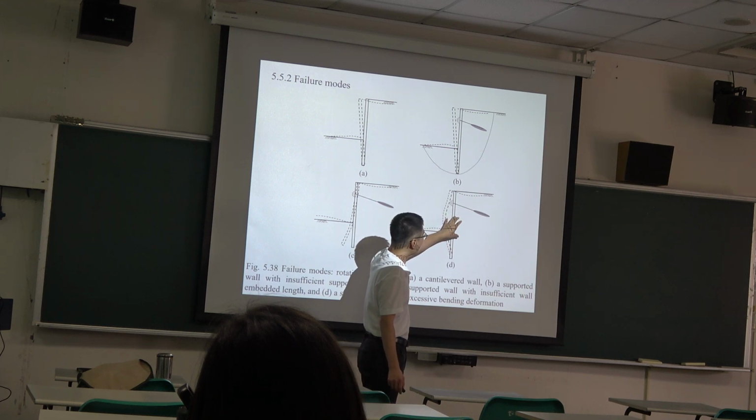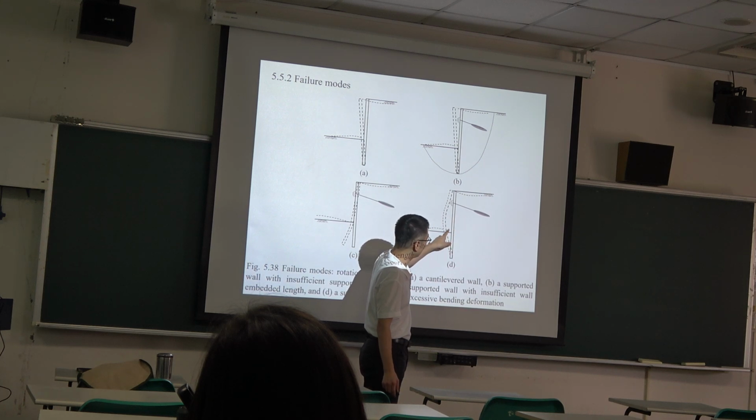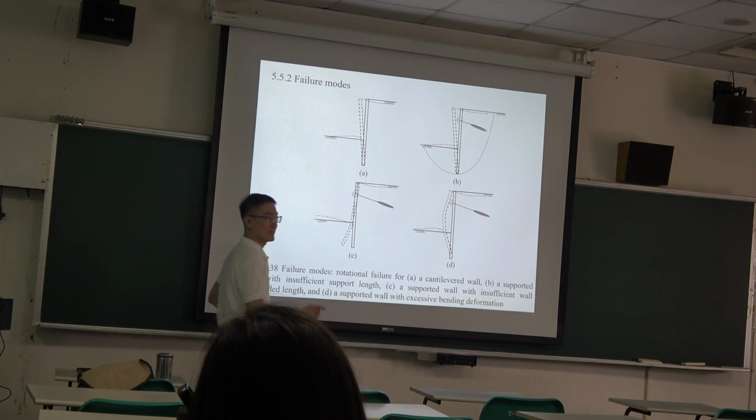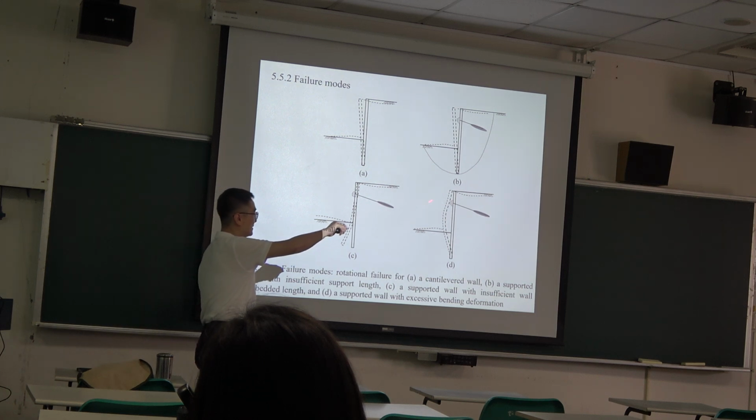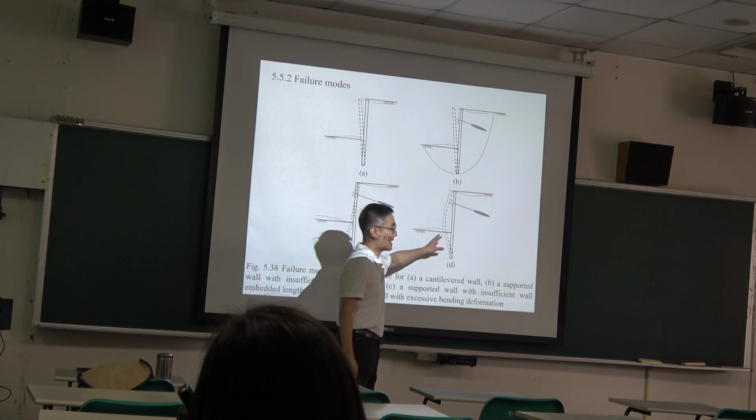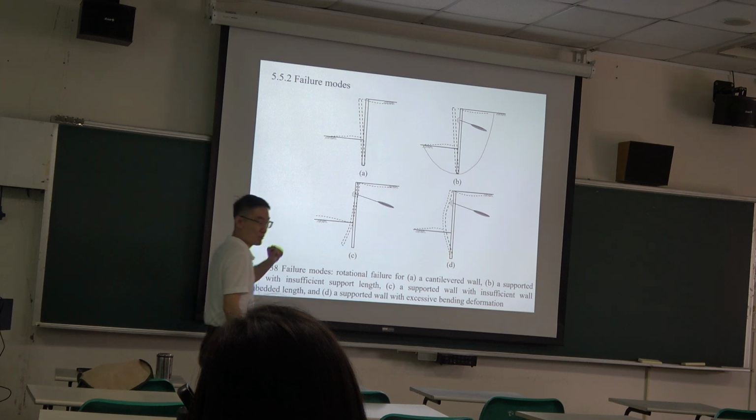So the maximum horizontal deformation will appear around the excavated depth, roughly here. That's the Taiwan case. I'm not sure about other countries, but in Taiwan, this kind of deformation happens a lot for excavation projects.